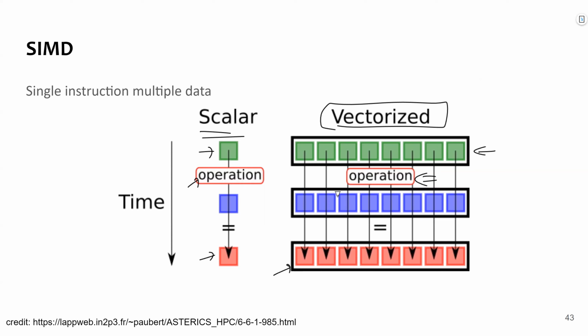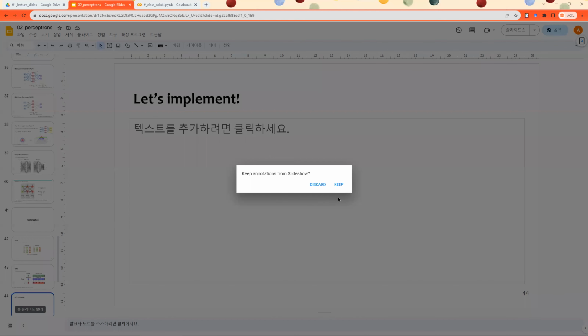So when it's possible, you always need to use SIMD rather than loop or scalar operations. Okay, let's implement some of the vectorization techniques, and let's see how they are going to help your implementation.